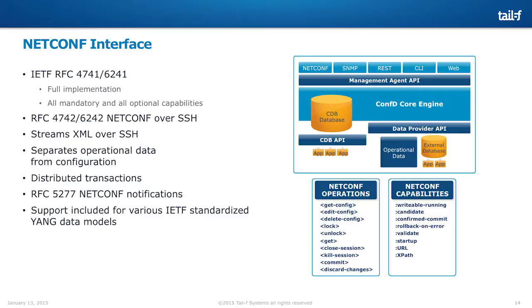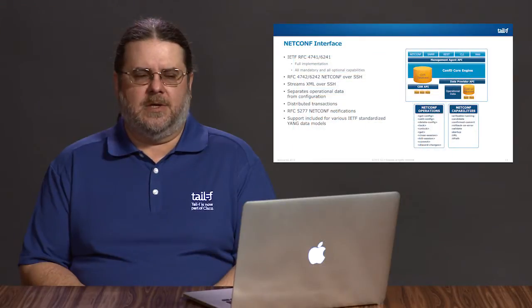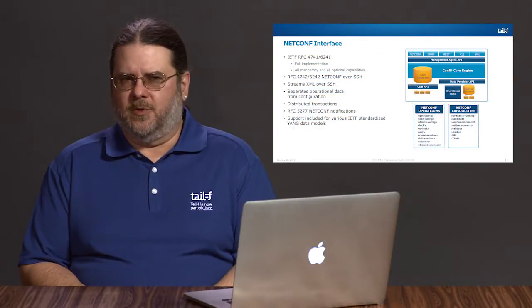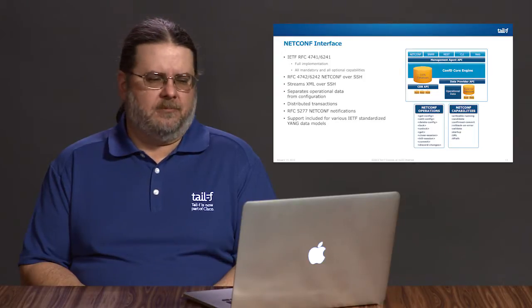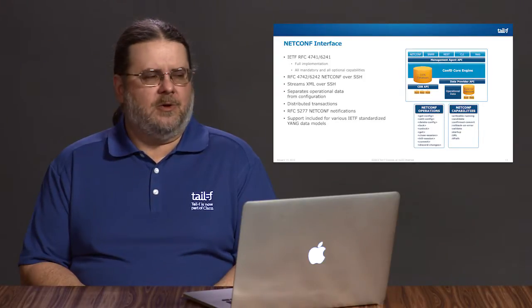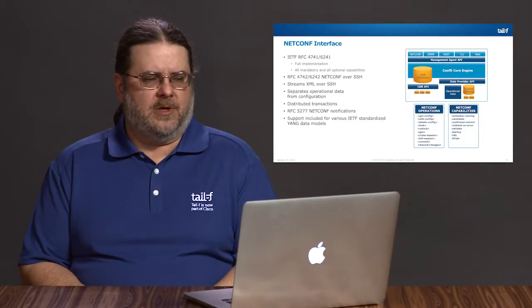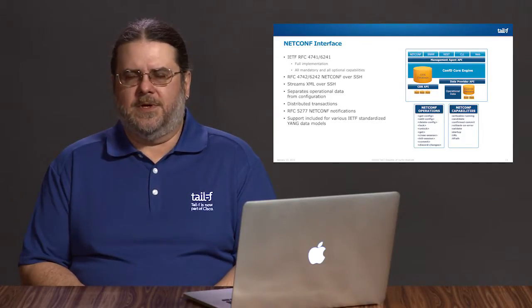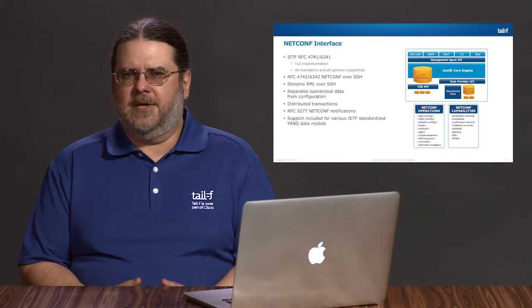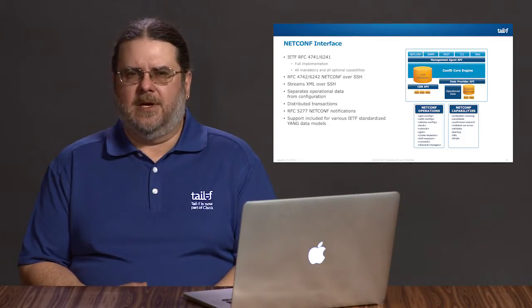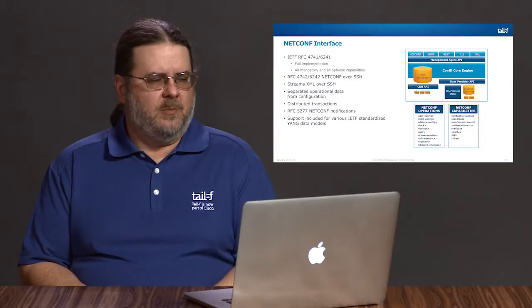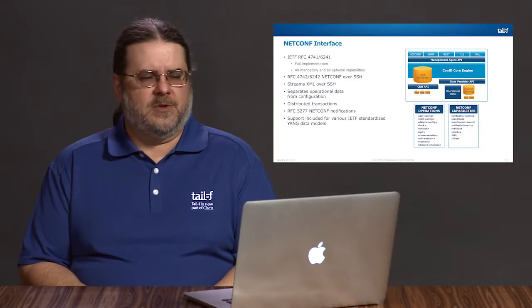An important idea in the world of NetConf is a strict separation of configuration data from operational state data. In the Yang data model, you declare what is configuration data, what is operational state data, and with NetConf, you can work on just configuration data. In the world of things such as SNMP, this concept didn't exist, and it was realized that it was very important to have support for.